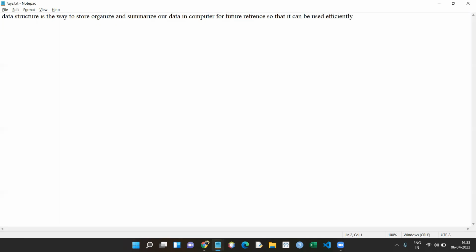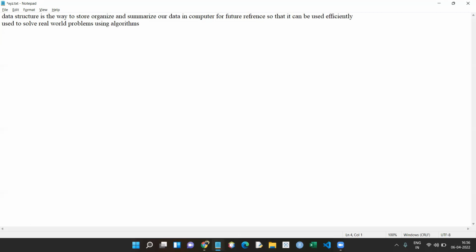It is used to organize the data so that we can put algorithms to it. It is also used to solve real world problems using algorithms.